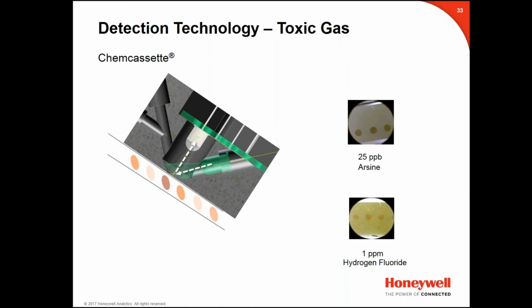As sample gas molecules are drawn through the ChemCassette with a vacuum pump, they react with the dry chemical reagents and form a colored stain specific to that gas only. The intensity of the stain is proportionate to the concentration of the reactant gas. The higher the gas concentration, the darker the stain. Makes sense.